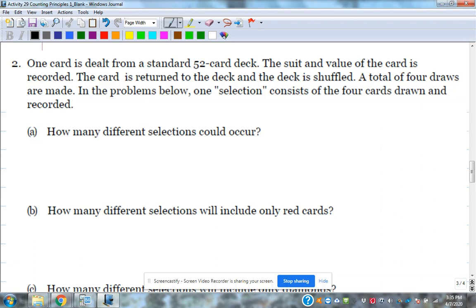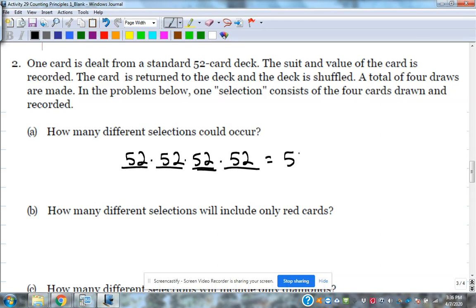We're making 4 cards in a selection, so we have 4 blanks to choose from. The way they've described the selection process is you pick a card, so there's 52 to choose from, then you write down what it was and put it back. So the next time you pick a card, there's 52 cards again, and again the third time, and 52 cards for the 4th choice. We multiply all those together.